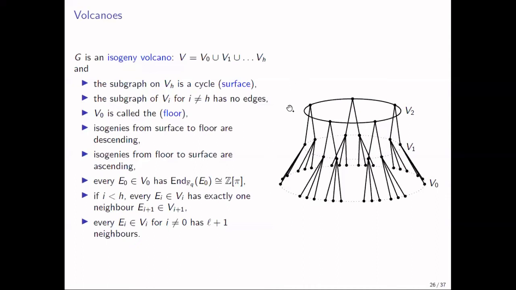The isogenies that go from the surface to the floor are descending, and the isogenies that go from the floor to the surface are ascending. And every elliptic curve on the floor has the endomorphism ring exactly equal to Z adjoined with pi. So it's the smallest possible endomorphism ring any elliptic curve over F_q can have. Okay, and then there's some condition on neighbors.